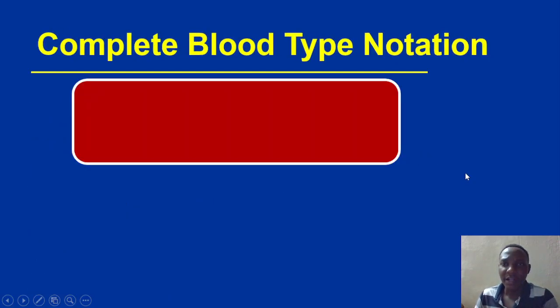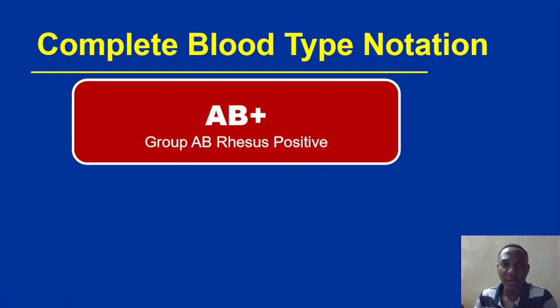So, the complete blood type notation. The complete notation of an individual's blood can be, for example, AB plus. This is basically group AB rhesus positive.